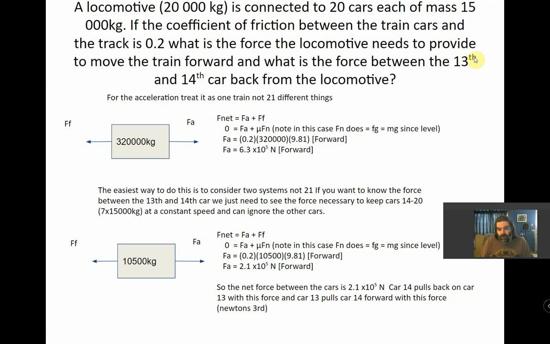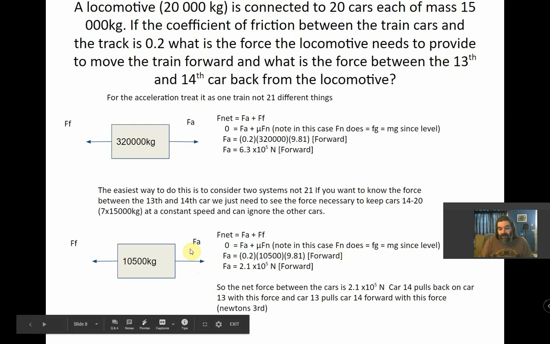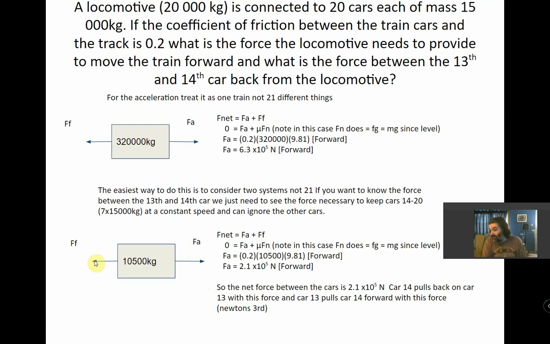Similarly, if I wanted to find the force between the 13th and 14th car, the only thing pulling that 14th car forward is the force of the 13th car acting on it. The only thing pulling it back is the force of friction on all the cars. So treat the 14th car back to the end of the train as one object.